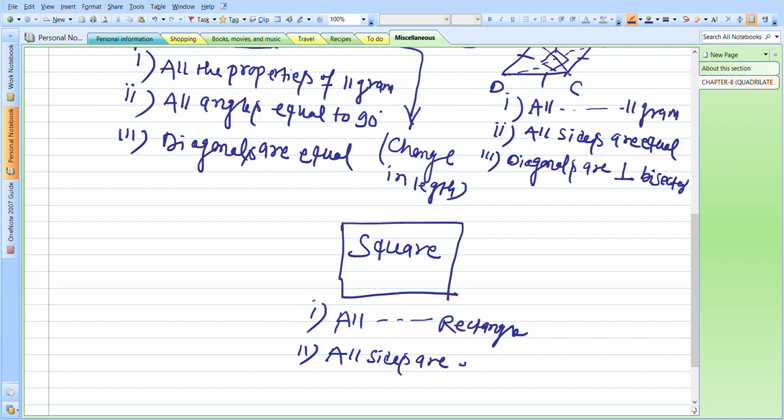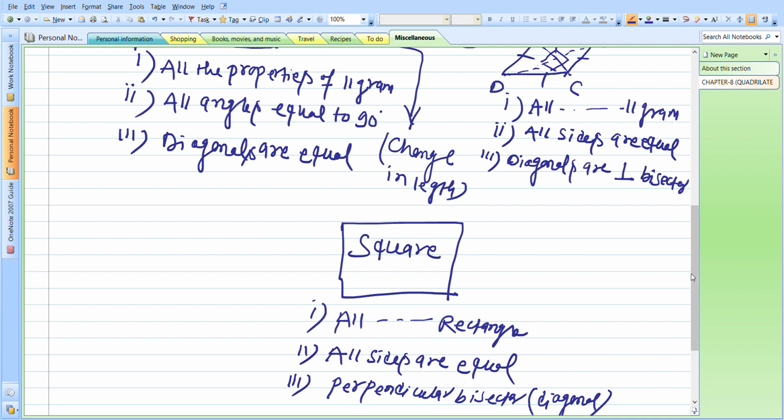Because sides are equal, the diagonals are perpendicular bisectors. Understood? I am talking about the diagonals. So these are the basic things which we have to discuss.